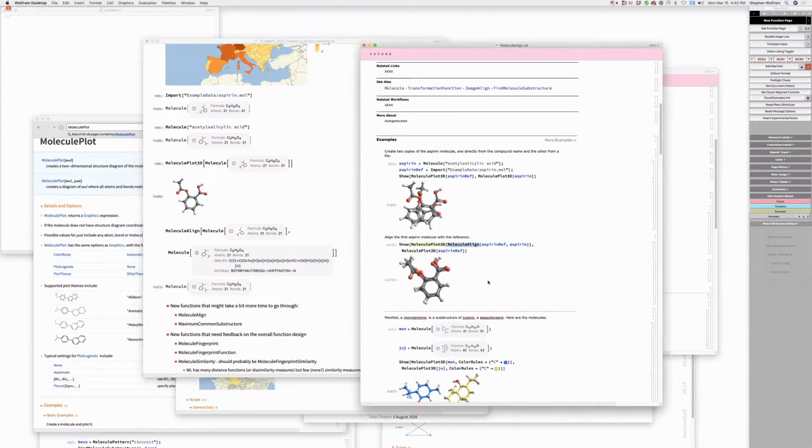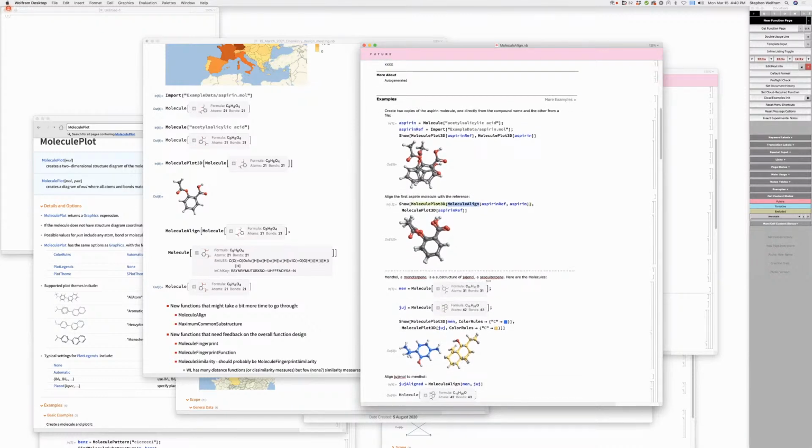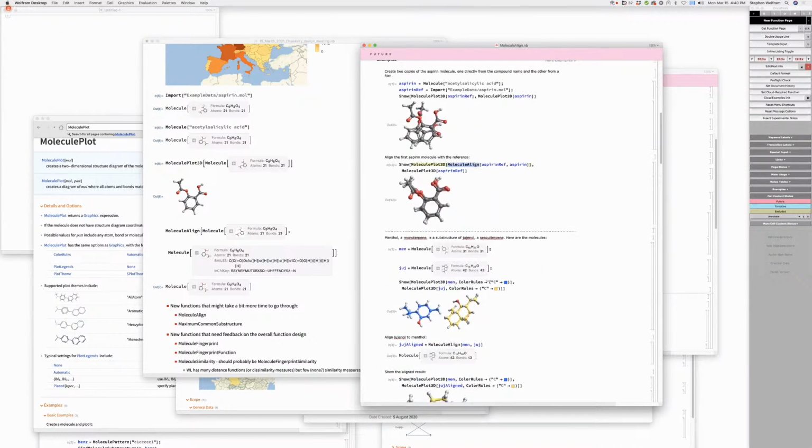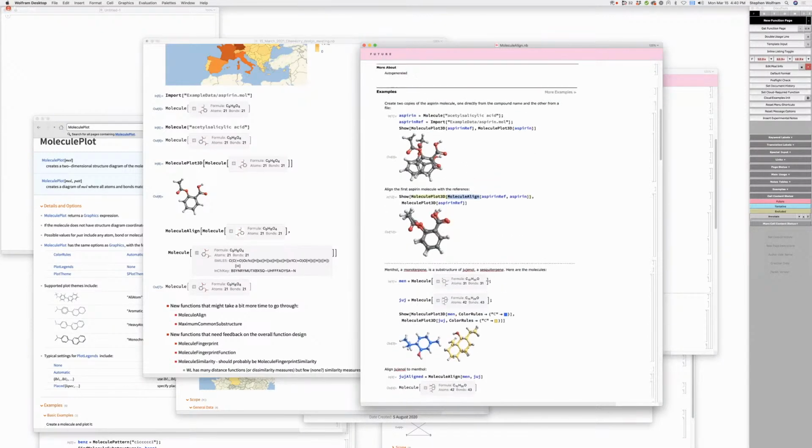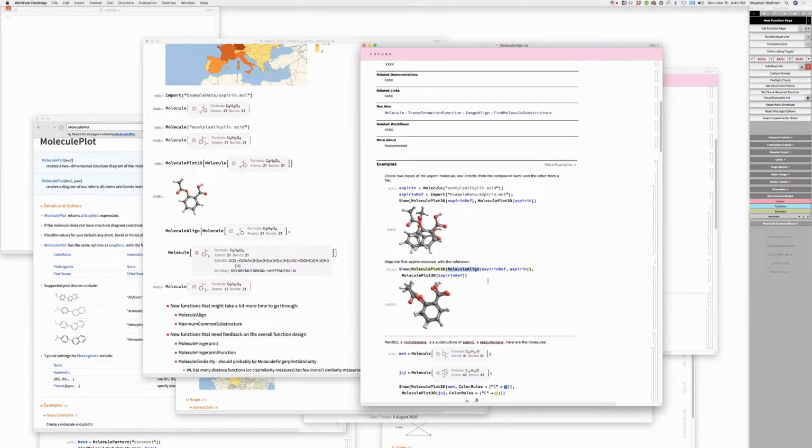Okay. So the issue here is the alignment is a recoordinatized molecule, correct? Yes. Okay, and I assume what's happening is that the second molecule is being aligned to the first molecule.